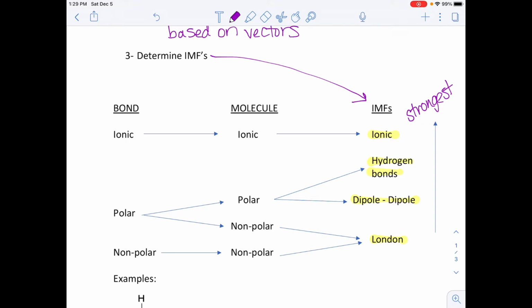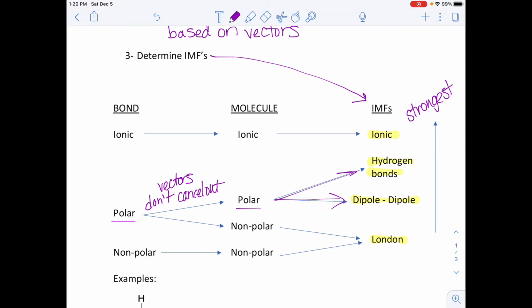So let's talk about how we actually see some of these. Okay, I would like you to add a little bit of notes here. If you have a polar bond, and you start looking at the molecule, if the vectors don't cancel out, which I will show you in our example, then the entire molecule is polar. And then we're either going to have something called dipole-dipole or hydrogen bonds, and I'll go through the difference there.